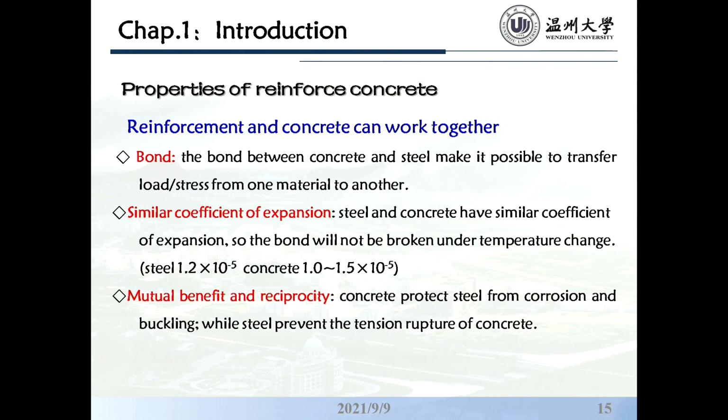So they are mutually beneficial, because the steel bars can resist the tension and the concrete can resist compression. So these two materials are used together. This is the three reasons explained here. The reinforcement and concrete work together and have good behavior, and people like to use these two materials together.